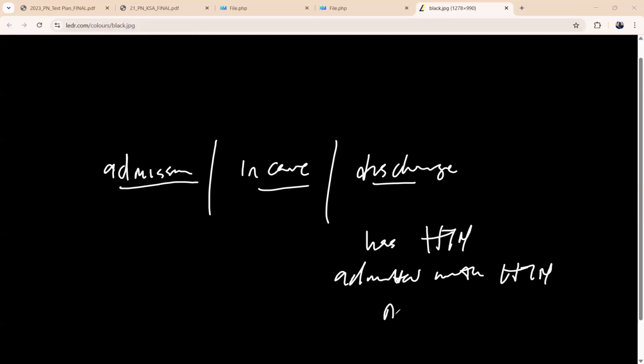NCLEX can also say newly diagnosed with hypertension. You see, NCLEX has these three different ways of writing the question, but everything is still related to what? Hypertension. So in your head, you are like, is it changing anything I need to know about hypertension?